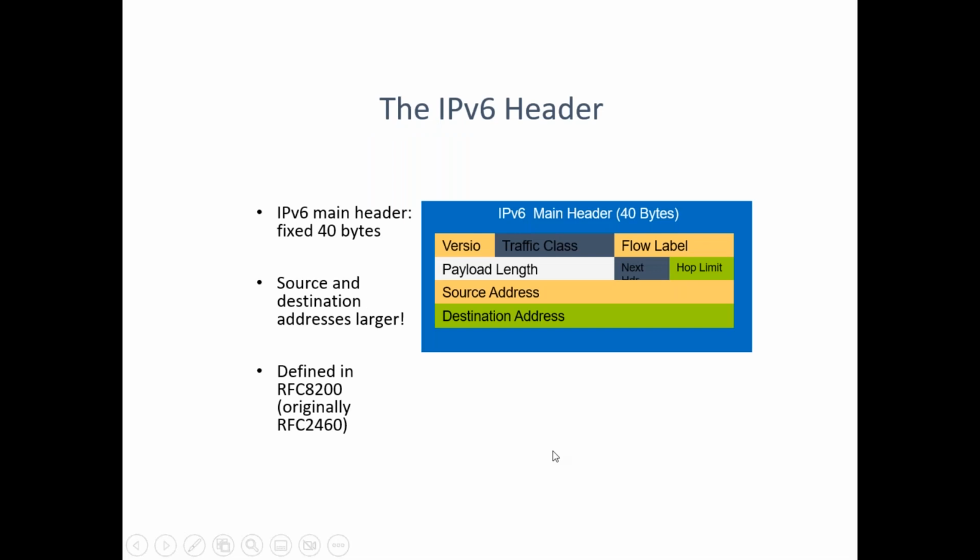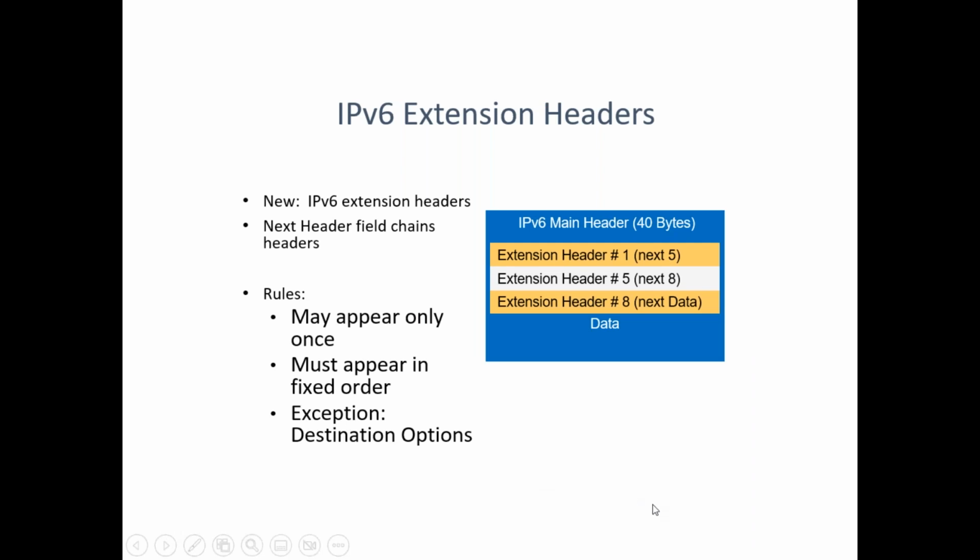So here is the IPv6 main header, and you can see it's a relatively simple header. It has the version number, traffic class, flow label, and addresses, and it doesn't have too much more information in there. What has happened is that much of this information now is put into extension headers.